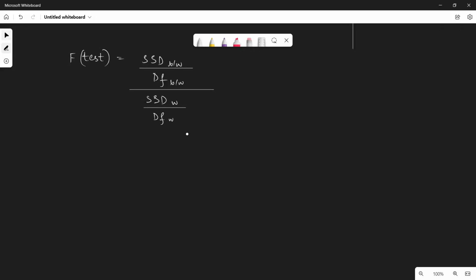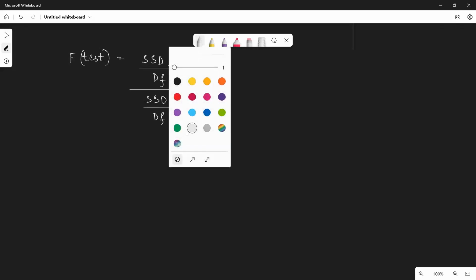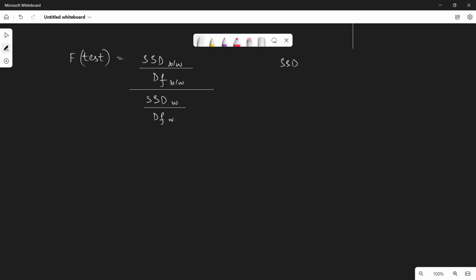And that is the reason why we gave so much time to calculating SSD between, DF between, SSD within, DF within, all these things. Another way of representing it is SSD between divided by M minus 1, whole divided by SSD within divided by M into N minus 1.